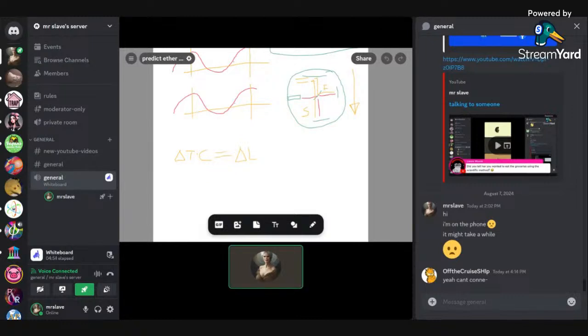It's like another dimension. So we still need to figure that out. Where does the collapsed ether go? Because it keeps flowing into massive particles.